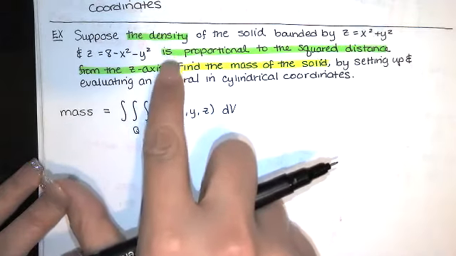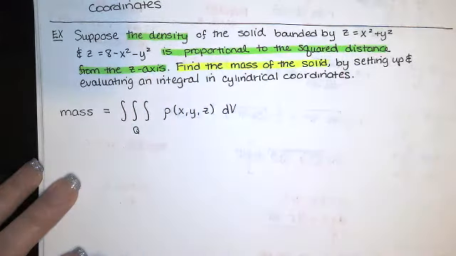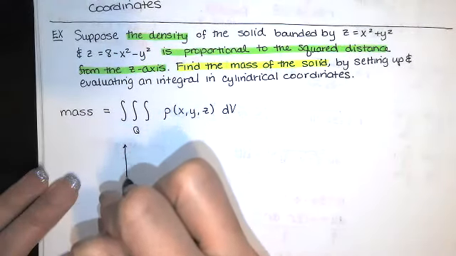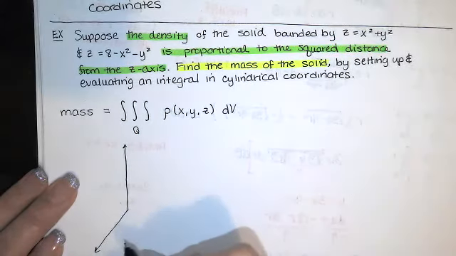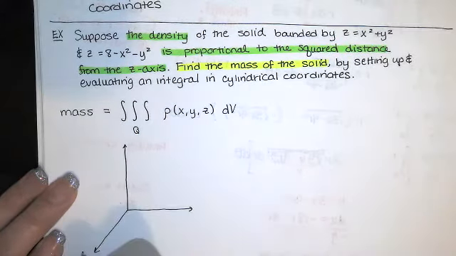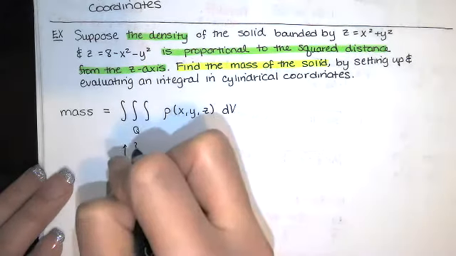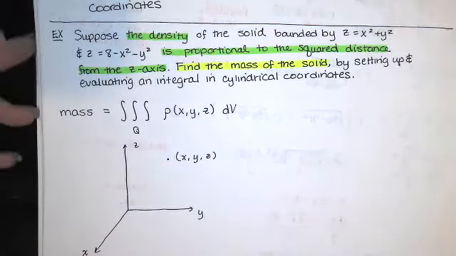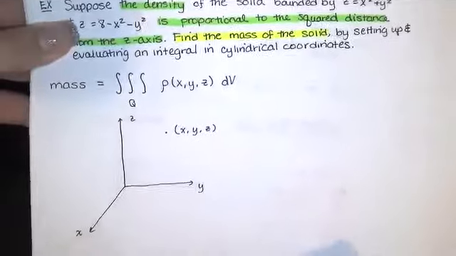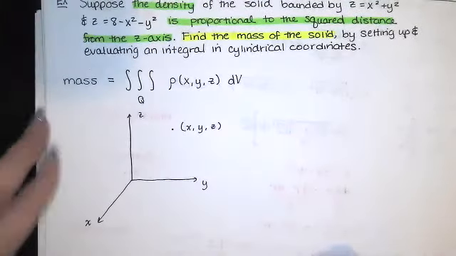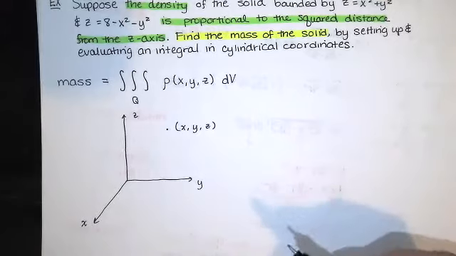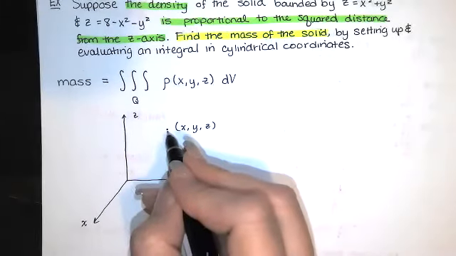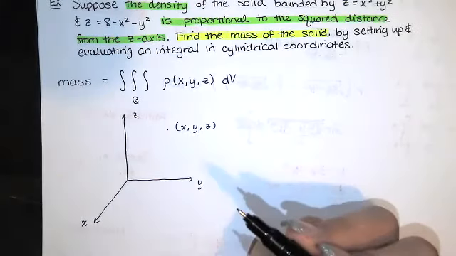We're told that the density is proportional to a squared distance from the z-axis, so let's talk about what the squared distance from the z-axis would be for a general point x, y, and z. If I'm at the location x, y, z in three-dimensional space, the distance from the z-axis is the shortest distance from this point to the z-axis.